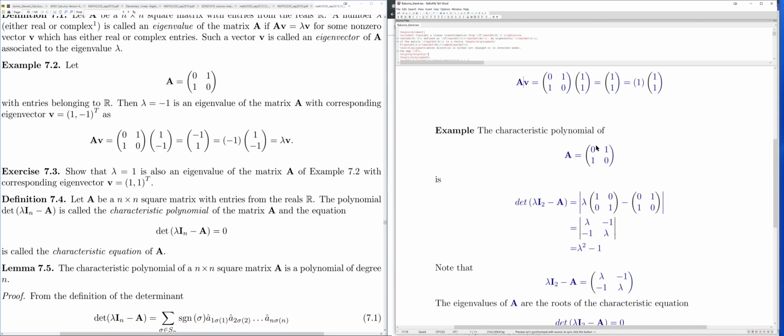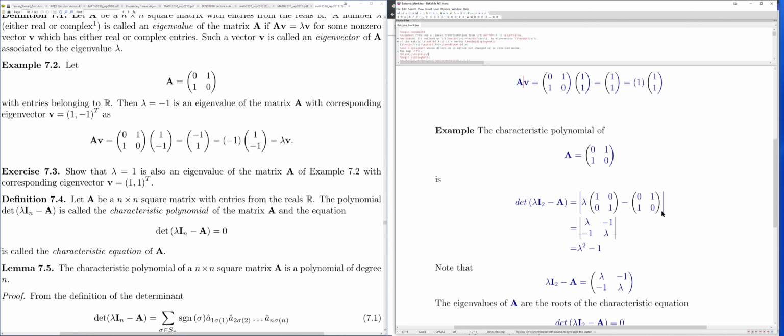I_2 is this identity matrix, A is your original matrix, and you multiply the identity by the scalar lambda. So this is your lambda I_2, and you're subtracting A, giving lambda I_2 minus A.